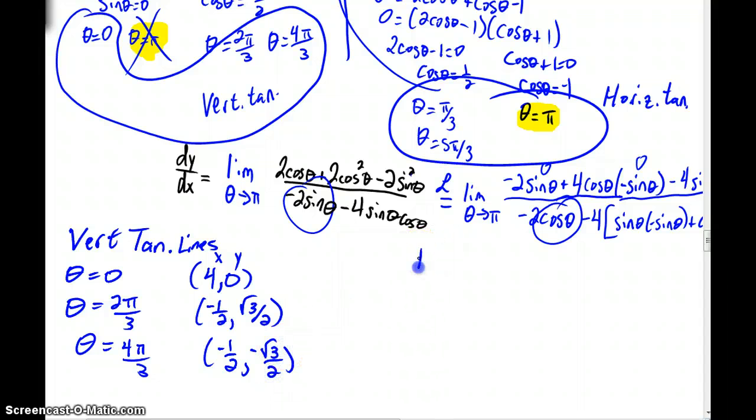We also have horizontal tangent lines. That's where our numerator is 0 and our denominator was not 0, where dy d theta was 0. We saw that, and we even needed to use some extra work to figure out that at pi, that was the case. At pi over 3, and also 5 pi over 3.